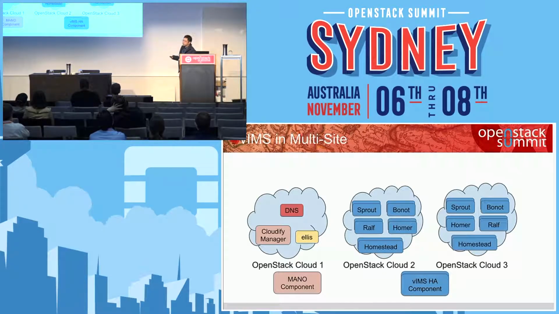Cloudify Manager is not deployed with redundancy. And Alice is an experiment portal to provision user data. And the DNS is to do the name resolution.